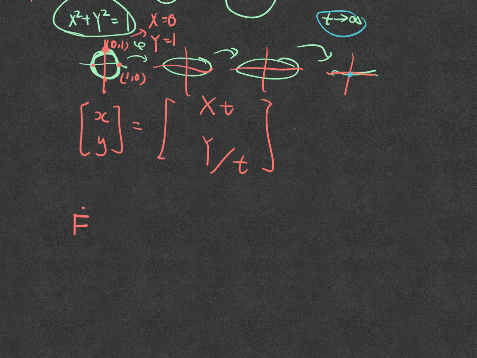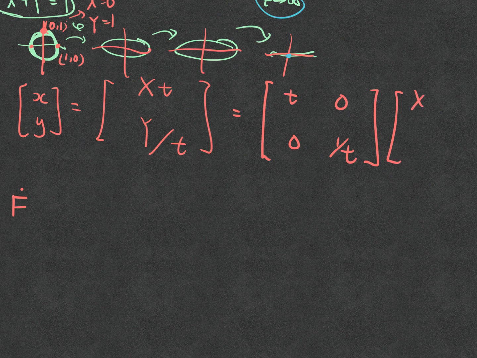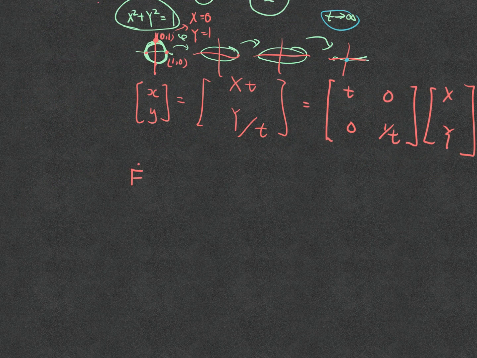F is equal to t, 0 on the first row, and 0, 1 divided by t on the second, acting on xy, right? Okay, does that make sense? Did I make any mistake? I don't think so.